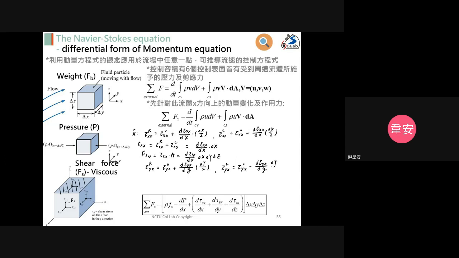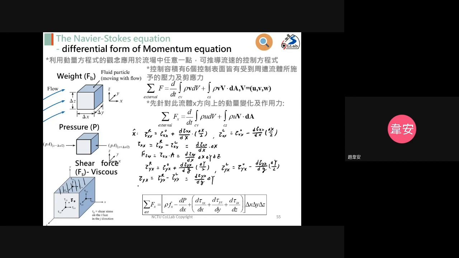delta y divided by 2. So again, we have the tau yx is equal to the tau yx right minus the tau yx left. So it's equal to the d tau yx dy multiplied by delta y.